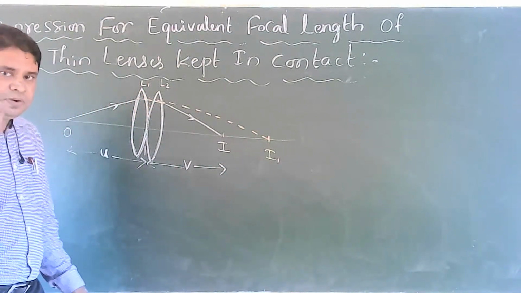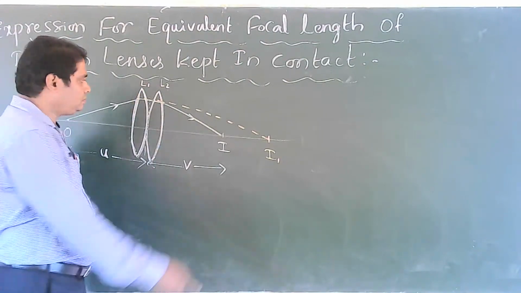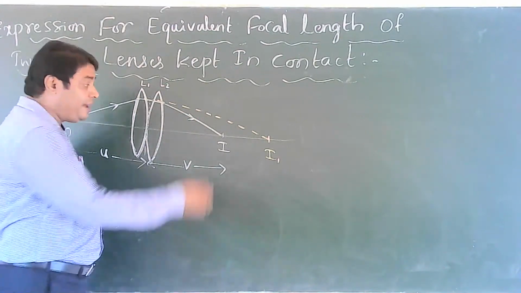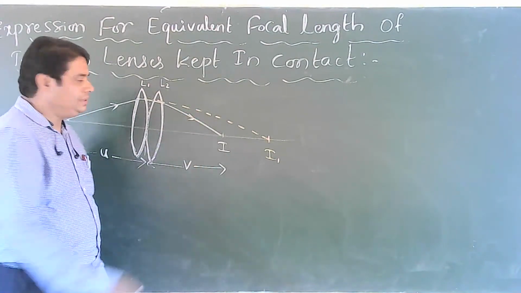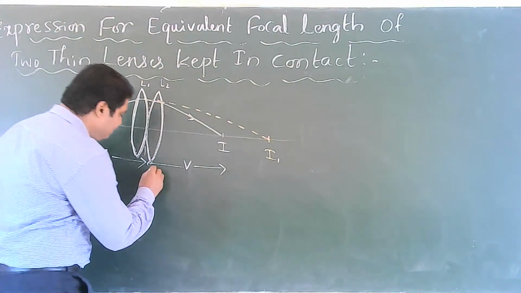Suppose that this lens L2 is not present, then this will be the refracted ray traced after refraction.